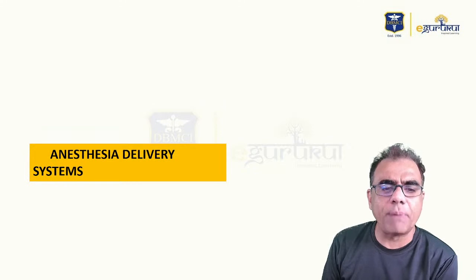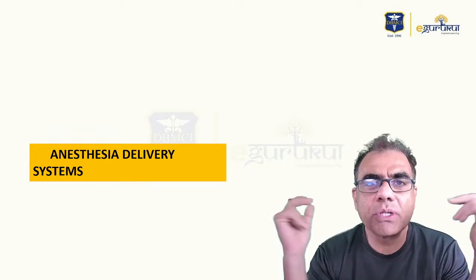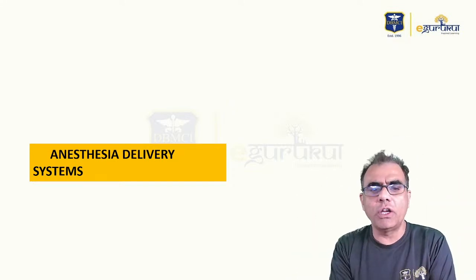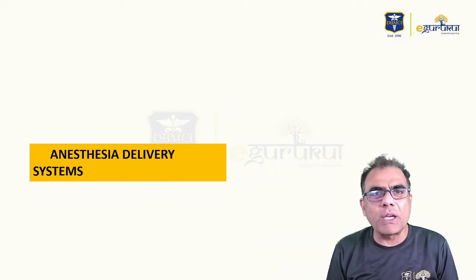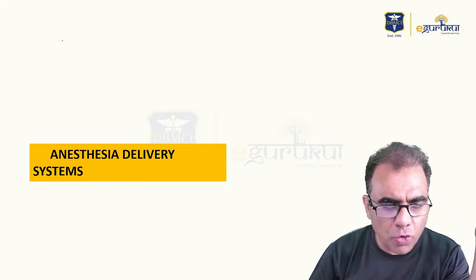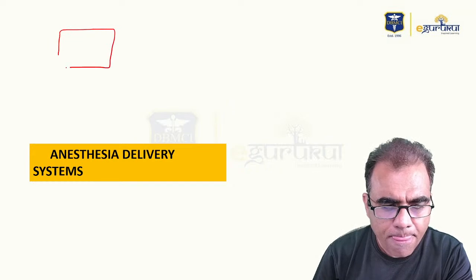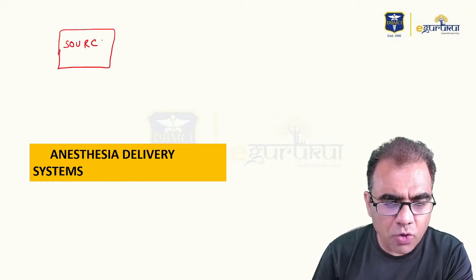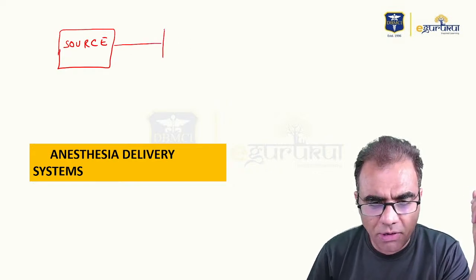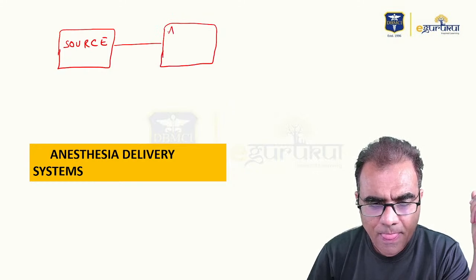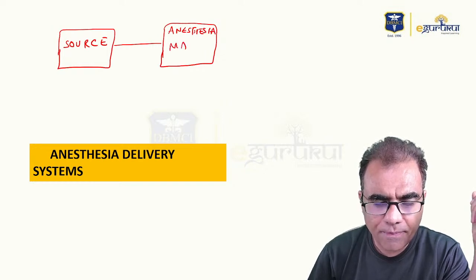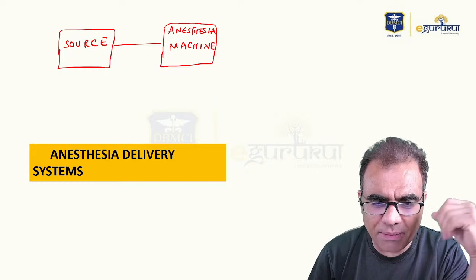Then coming to the next part, that is anesthesia delivery systems. As the name suggests, it means the systems or equipment which we are using for the delivery of anesthetic gases to the patient. To deliver a gas, we should have a source. Only if you have a source can you deliver something. From the source, gases will reach the anesthesia machine. What important processes happen in the anesthesia machine, we will see.